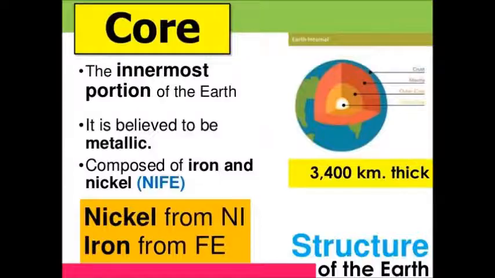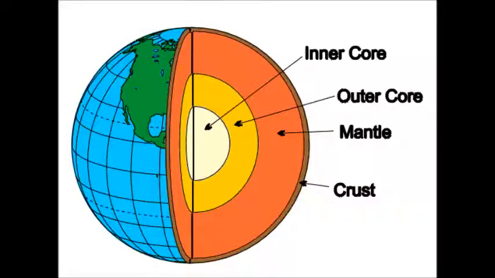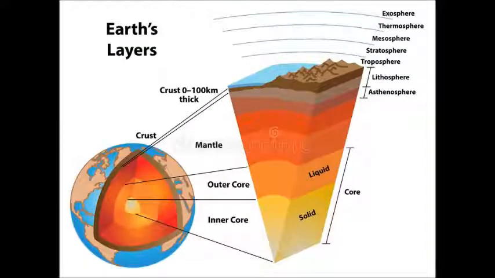The core is divided into two layers. They are outer core and inner core. The outer core is also known as molten core and the inner core is known as solid core. In the outer core, materials are found in the molten form. In the inner core, the materials are found in a solid form.